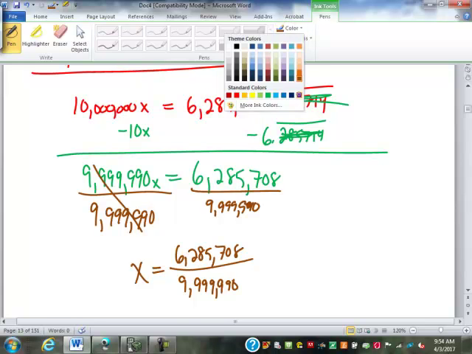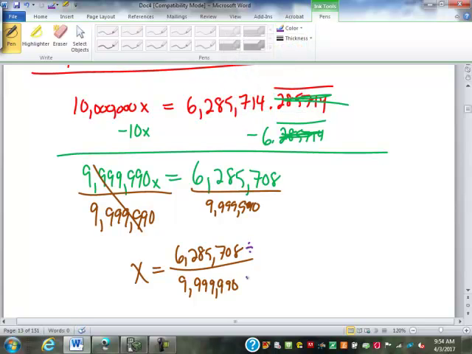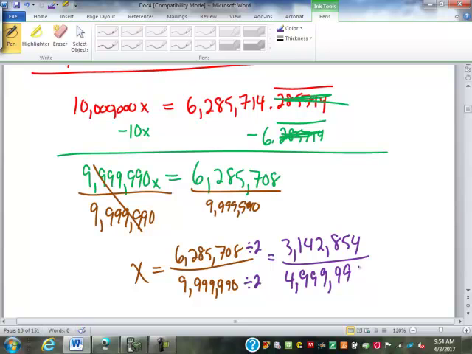However, both of those numbers can be conveniently divided by 2. So it's 3,142,854 over 4,999,995.